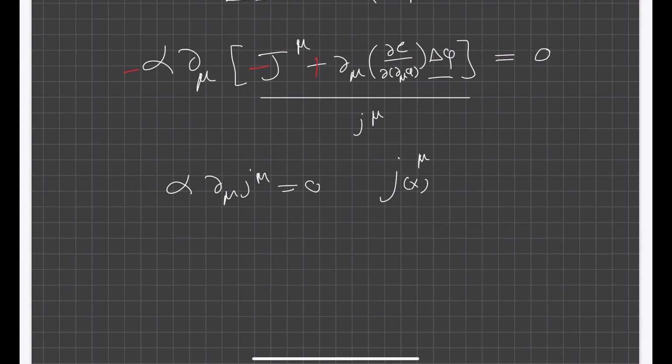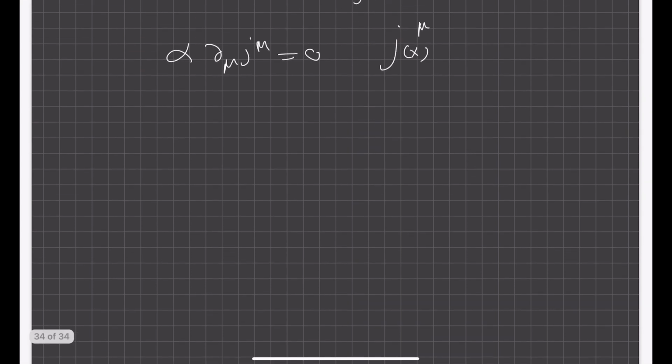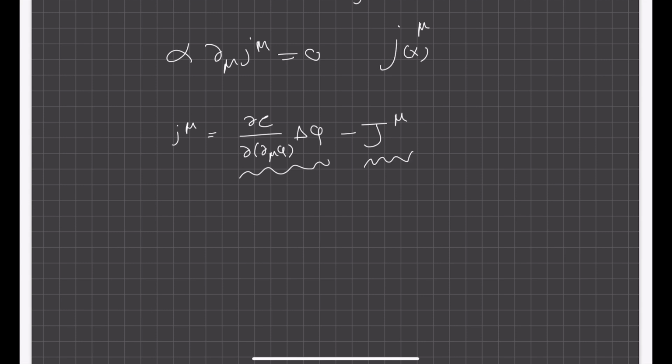It is more convenient to write it like this: j mu is equal to minus j mu. So this term depends on the deformation of the field, and this term depends on the Lagrangian response.